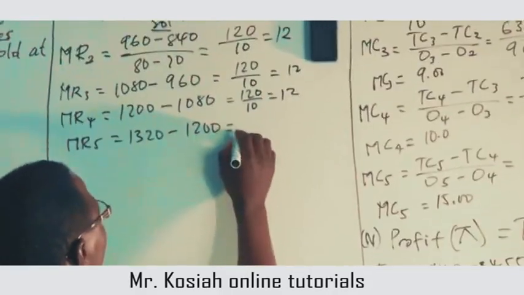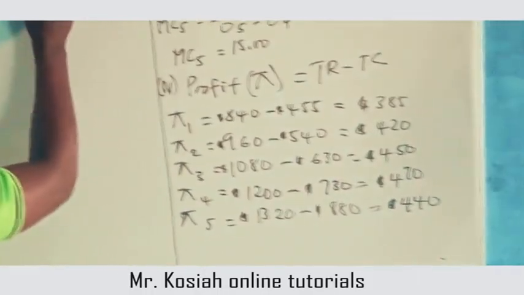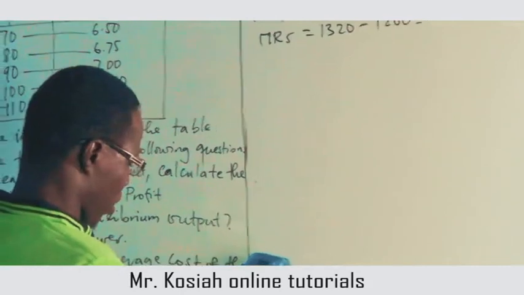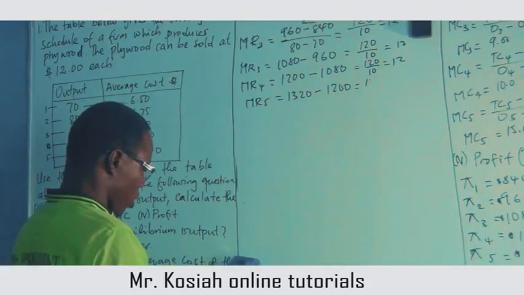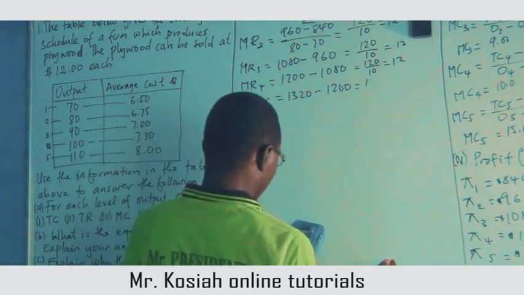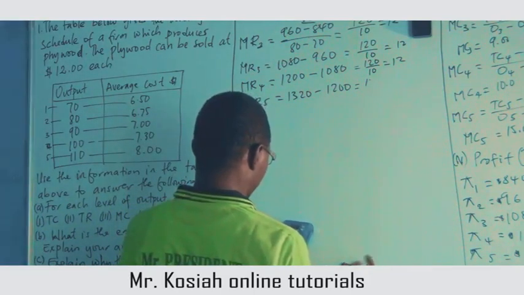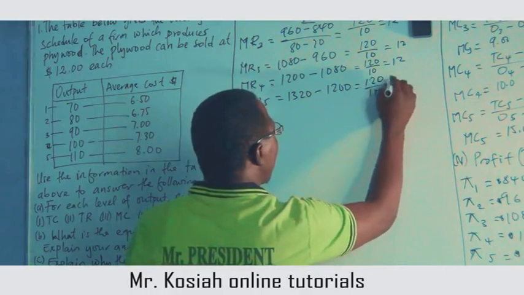And here is the same thing. Let's see, 1320 minus 1200 is the same thing. Yeah, of course, it's the same thing. 120 over 10, then this is 12.